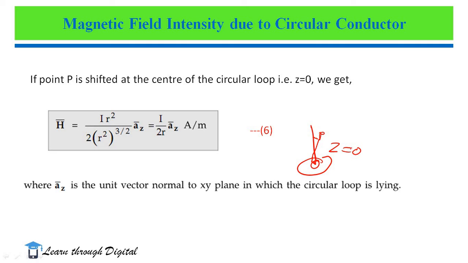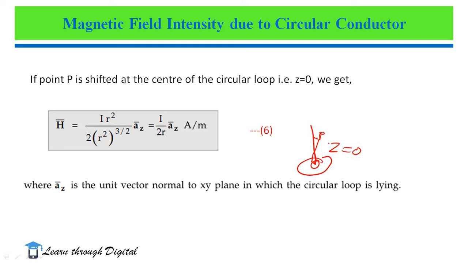We substitute z is equal to 0 in the previous equation number 5. The H vector becomes I r squared by r squared power 3 by 2 az vector. It is simplified as I by 2r az vector ampere per meter, where az is the unit vector normal to xy plane in which the circular loop is lying.